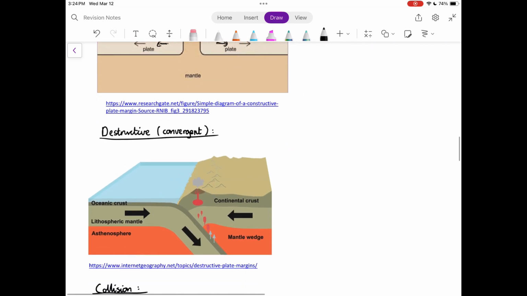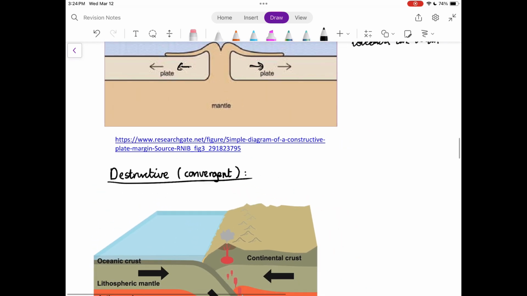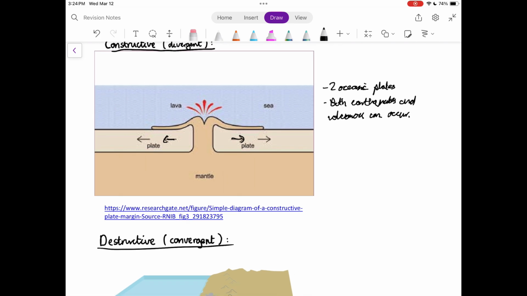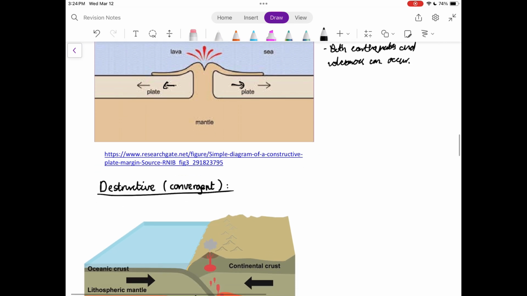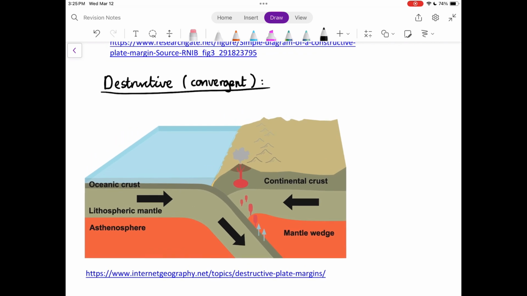Alright, so now we're going to be moving to destructive plate boundaries. And by the way, the names in brackets are what they could be referred to as well in the exam. So these terms can be used interchangeably. So constructive is the same as divergent, and destructive is the same as convergent. So if you see convergent instead of destructive, just know that they're referring to a destructive plate.